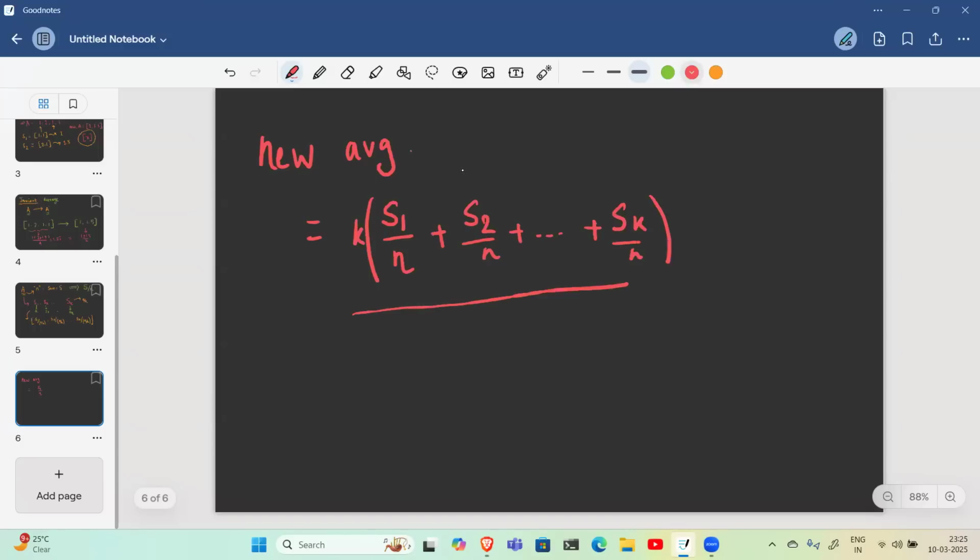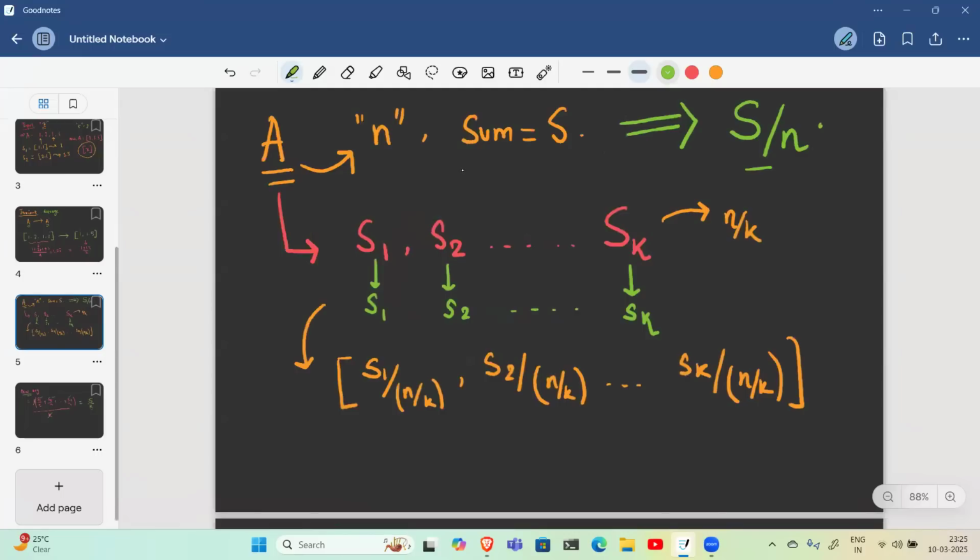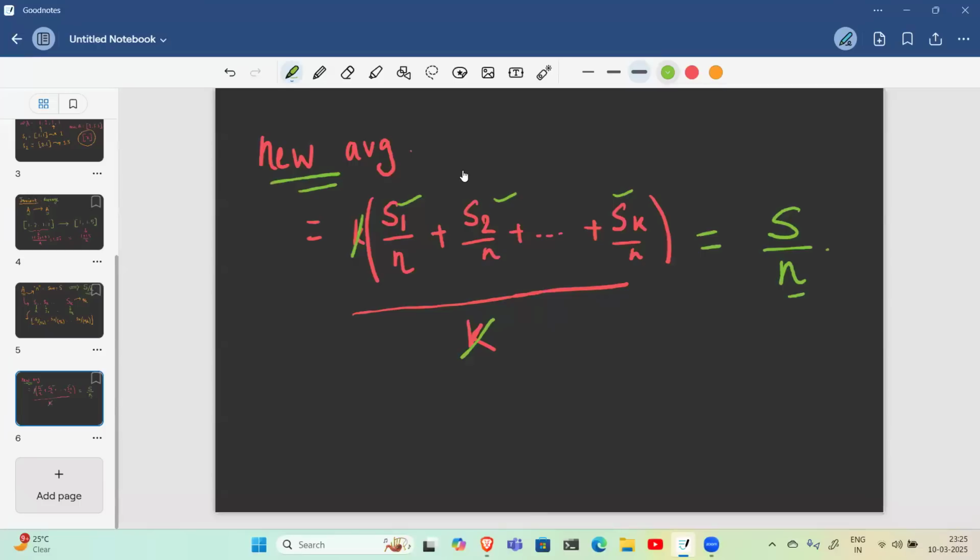That's k, so that divided by k. How beautifully this k cancels out. And the sum of all these s1, s2, up to sk is nothing but the total sum of the array, so it is S by n. That means the new average is S by n. But we already noted that the old average is also S by n. That means we have formally proved that whenever I do an operation, the average does not change.